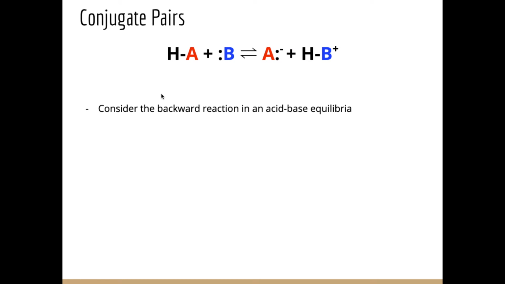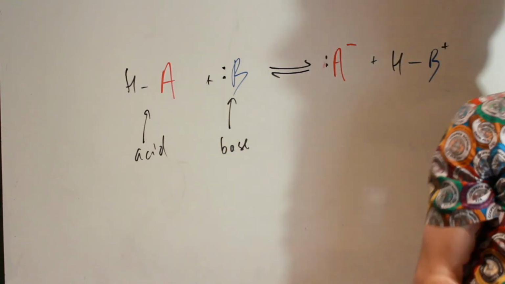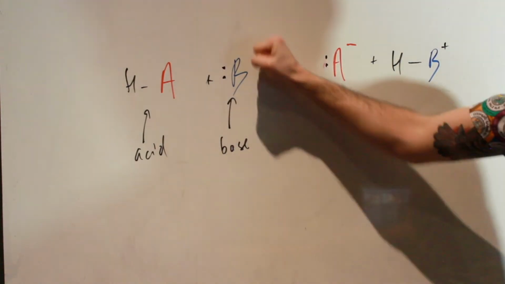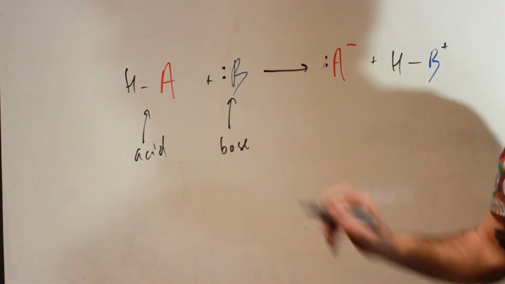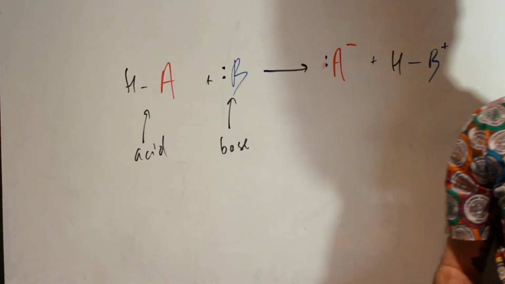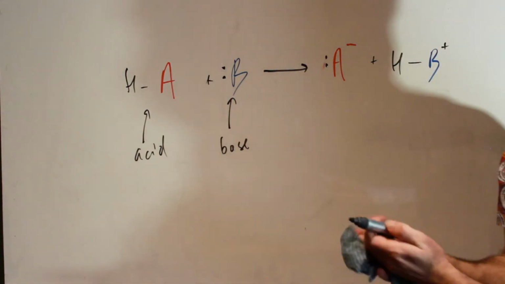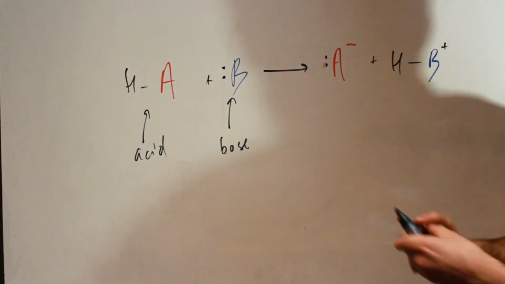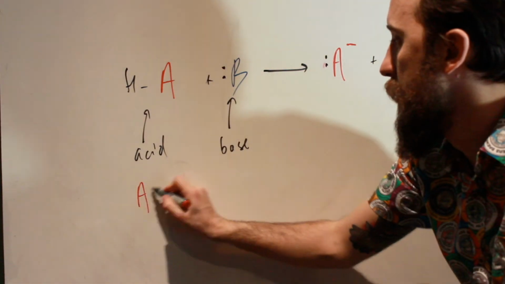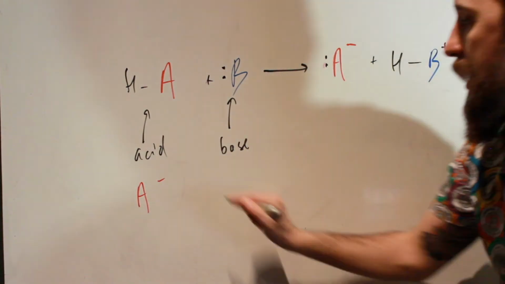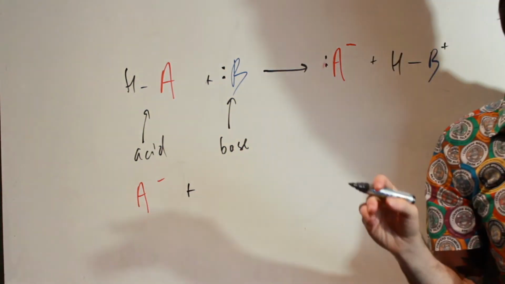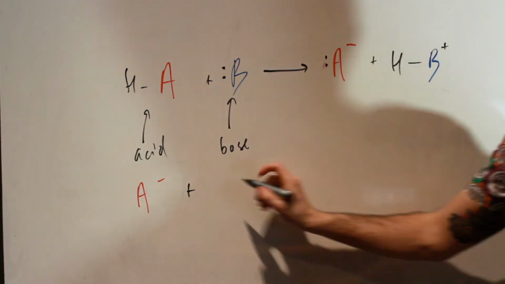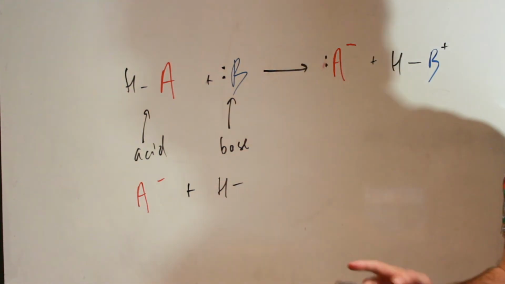Let's consider the backward reaction in an acid-base equilibrium. So if I just consider this as a forward reaction like that, let's look at the backward reaction. So in the backward reaction, we're going to have the A minus there, plus the HB like this.